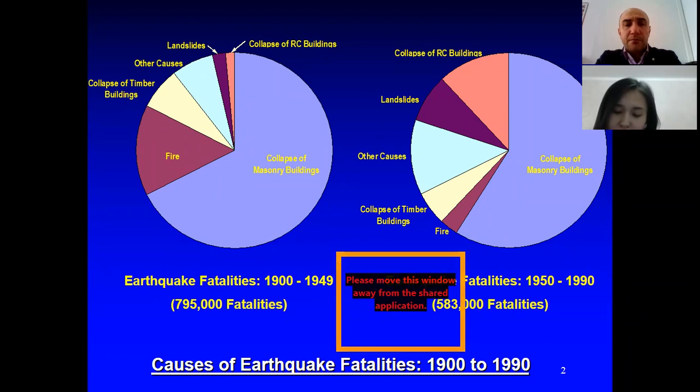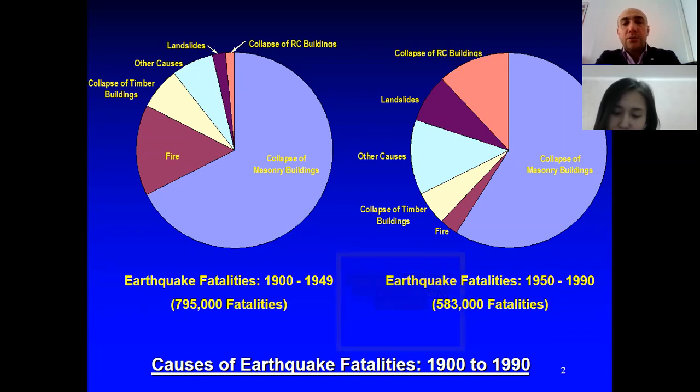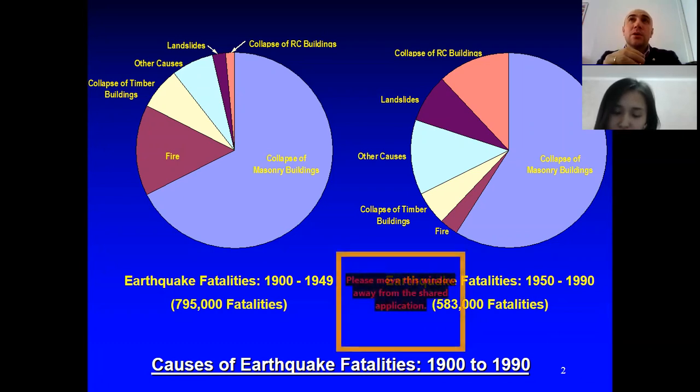And the third, many of the highly destructive earthquakes around the world actually occurred in areas where there was a very small number of steel structures. Thus, the exposure of steel structures to strong earthquakes has been perhaps somewhat less than other types of construction.